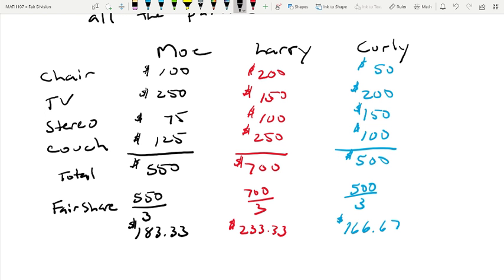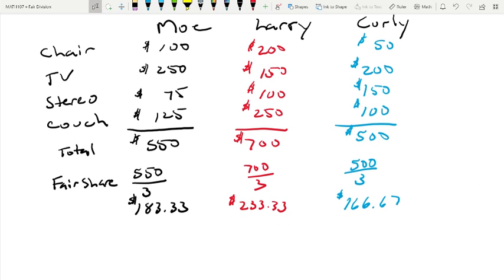So for Mo, his fair share would be 183.33. Larry's fair share is 233.33. And for Curly, it would be 166.67. Now we decide who gets what.